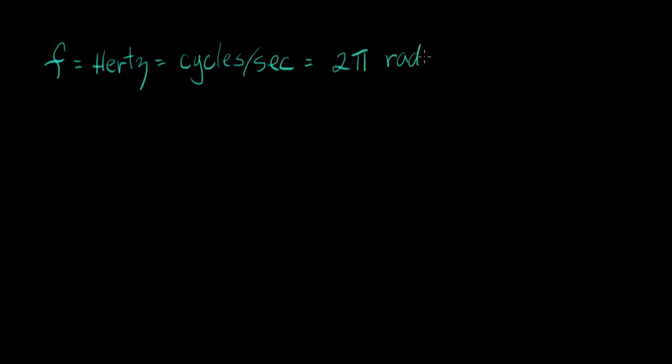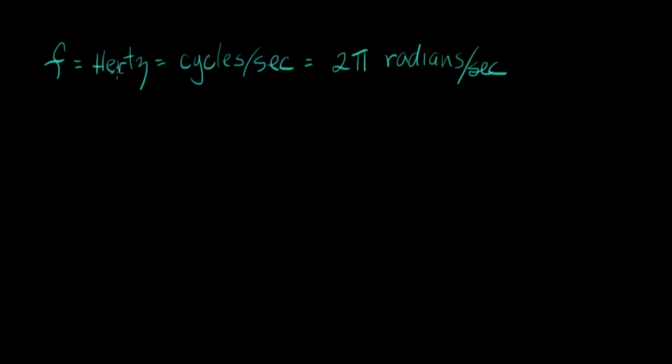So now we have two ways to measure frequency. One is F, which is frequency, which is measured in hertz, and that's cycles per second. And one cycle equals 2 pi radians per second.